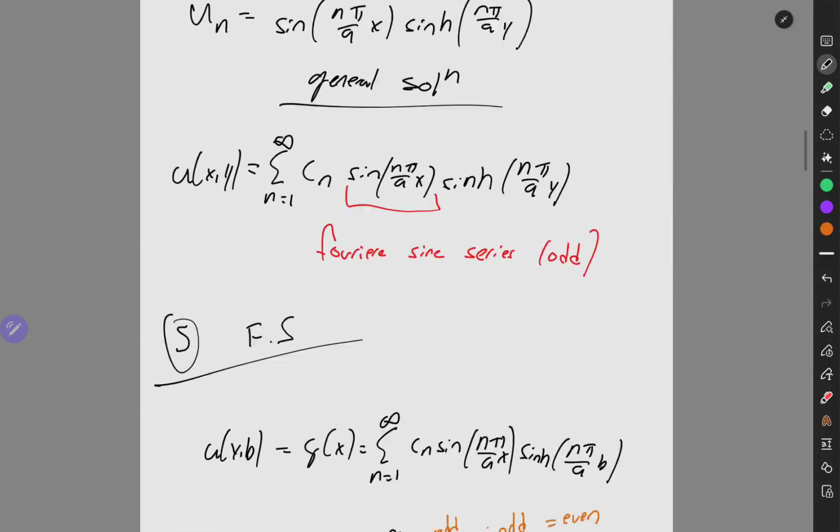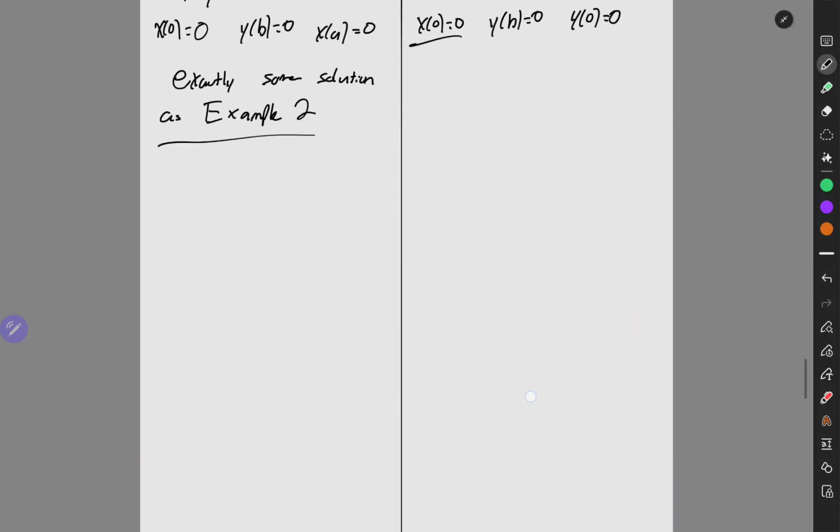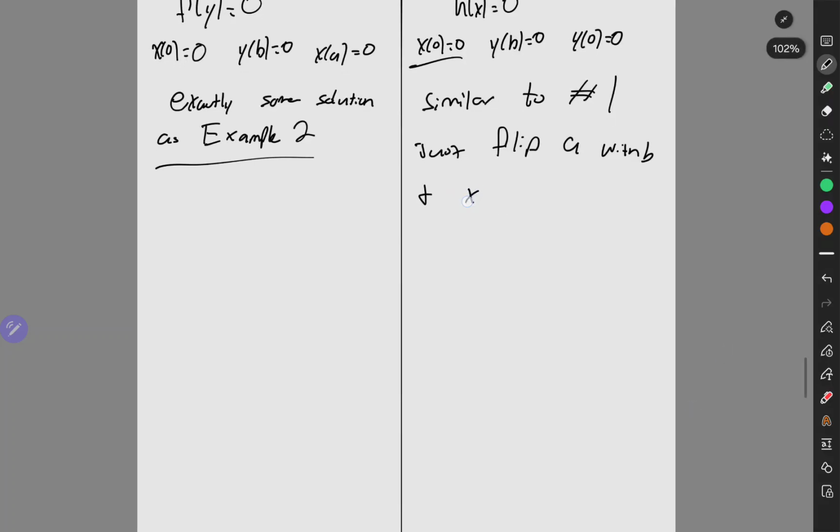So what we're going to do for this problem, similar to number 1, is just flip A with B and X with Y, if that makes sense.